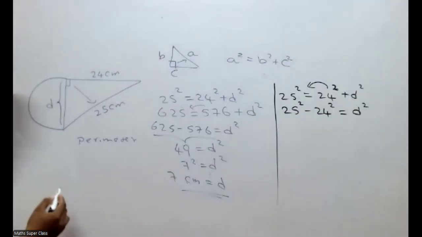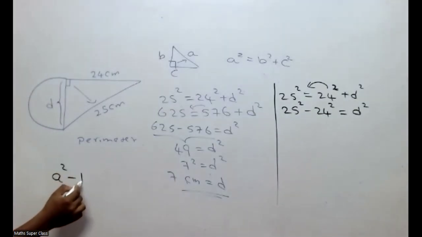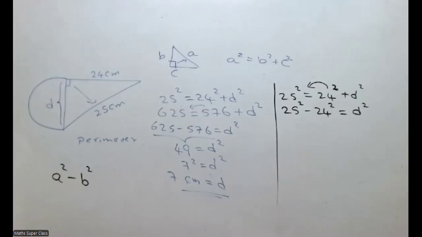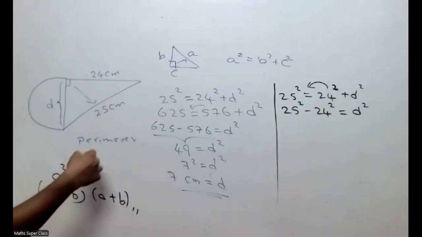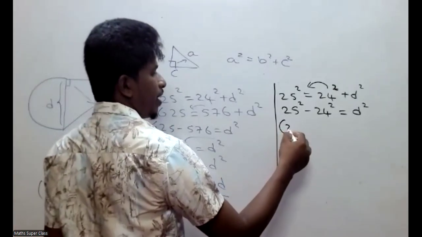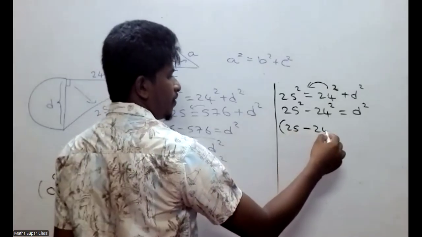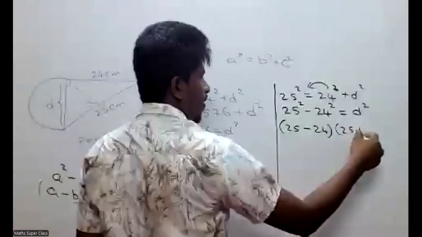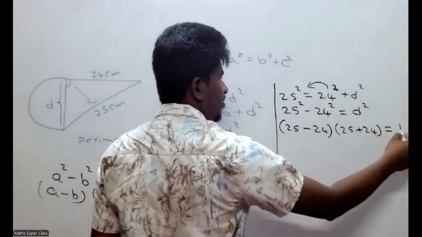This is like what we practiced yesterday. Can you remember A square minus B square? We write it like A minus B, A plus B. Same thing here: 25 minus 24 times 25 plus 24 equals D square.